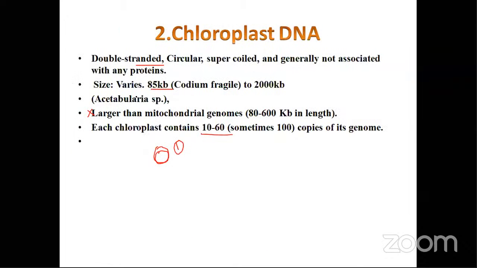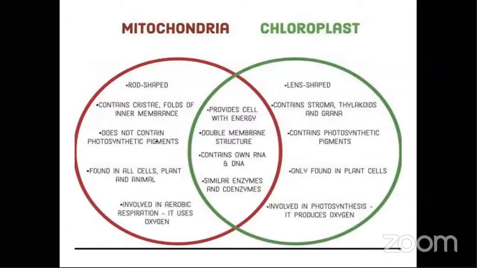Then the next thing is here. Forget about the two-sided things. Here the same thing is that mitochondria and chloroplast both provide cell-based energy. The important thing is that in mitochondria, via respiration, energy will be produced, and in chloroplast, through photophosphorylation, all those things are happening, and in the end here also some energy is generated.